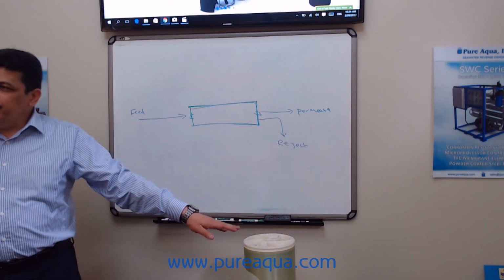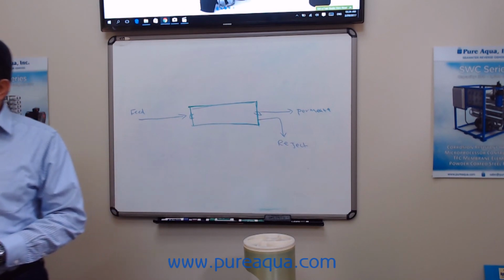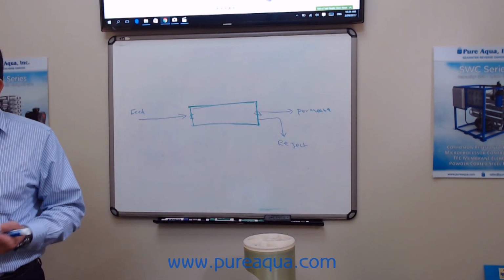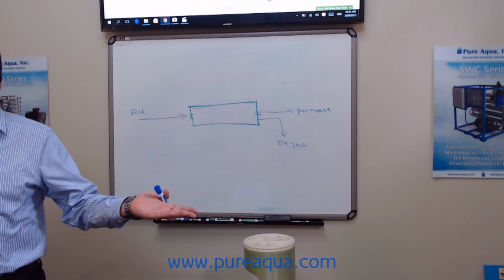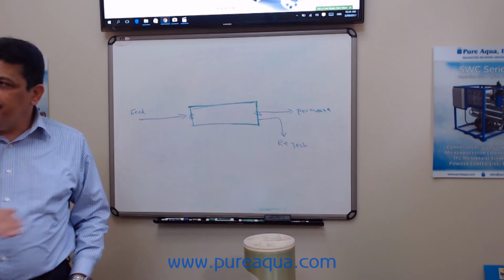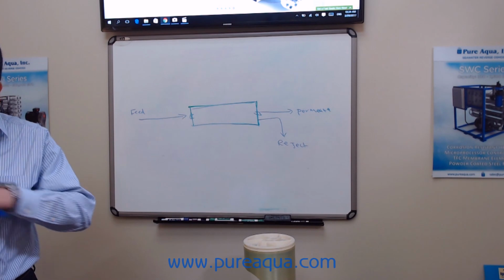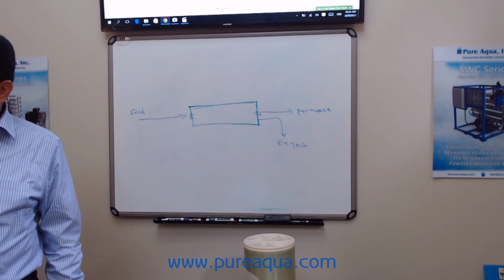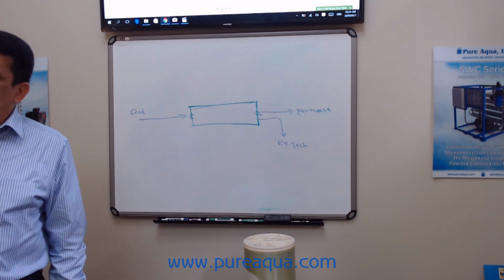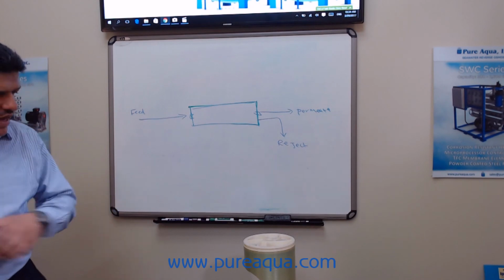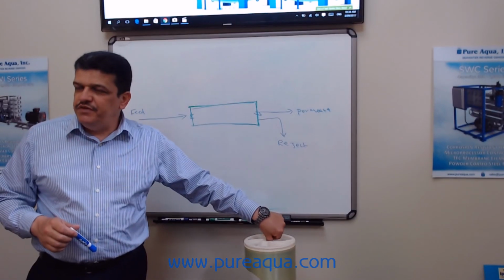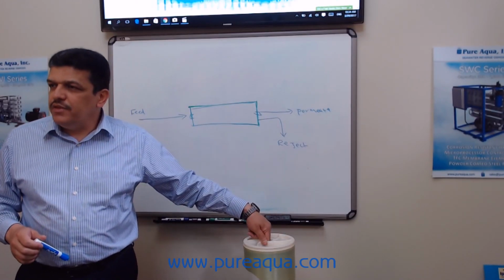Now, this is what we call spiral wound membranes. Spiral means that when they cast the membrane, it's a flat sheet. So they bring a long flat sheet, and then they cover it with a netting material, like a grid on top of it. Then they bring another membrane sheet, and another gridding material, then another membrane. In the middle, they put something called a PVC pipe that collects the good water.